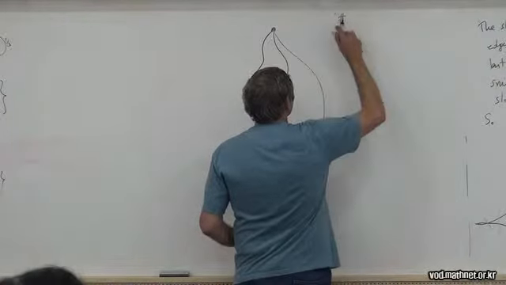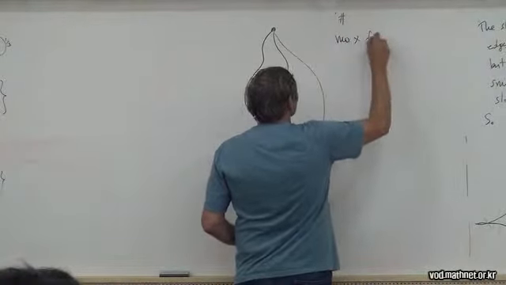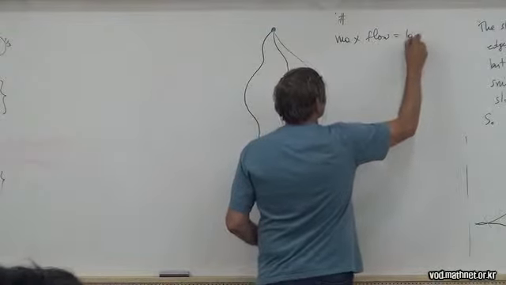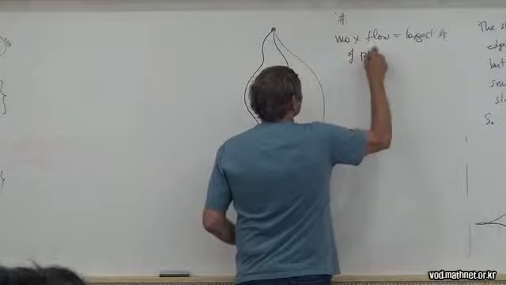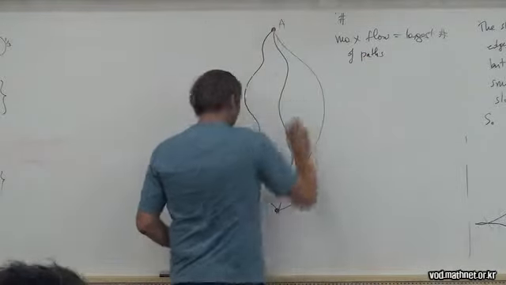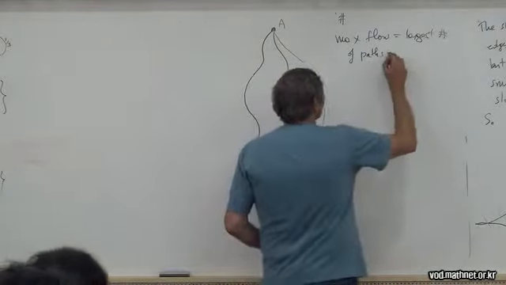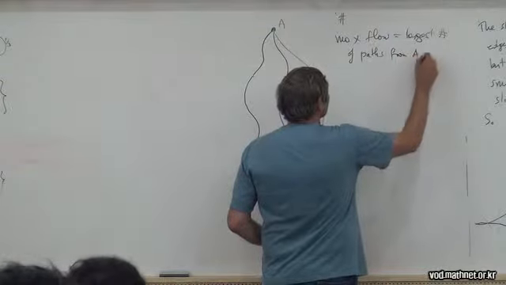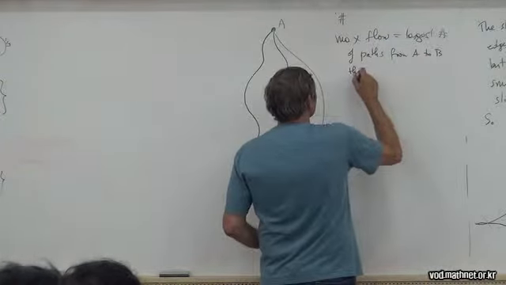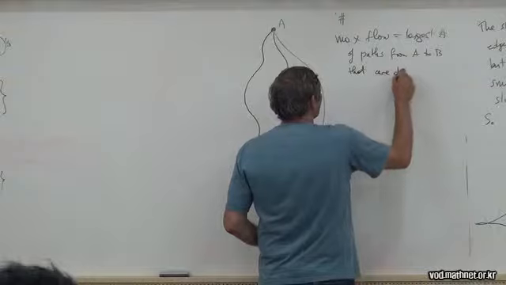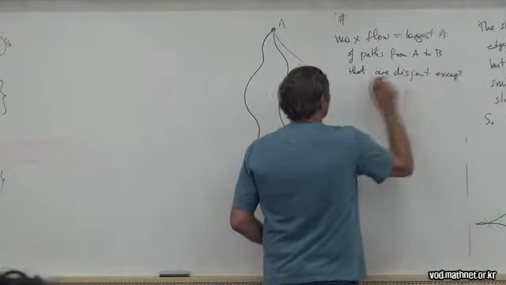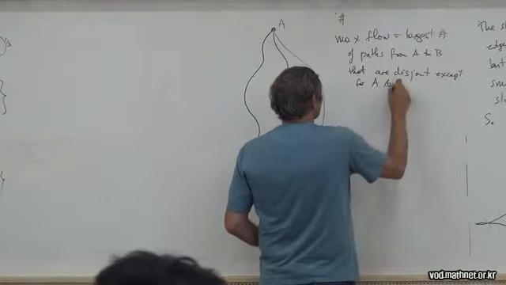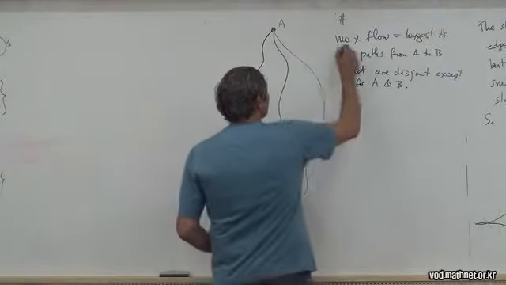So maximal flow is the largest number of paths from A to B that are disjoint except for A and B. Okay, so this is called the maximal flow.